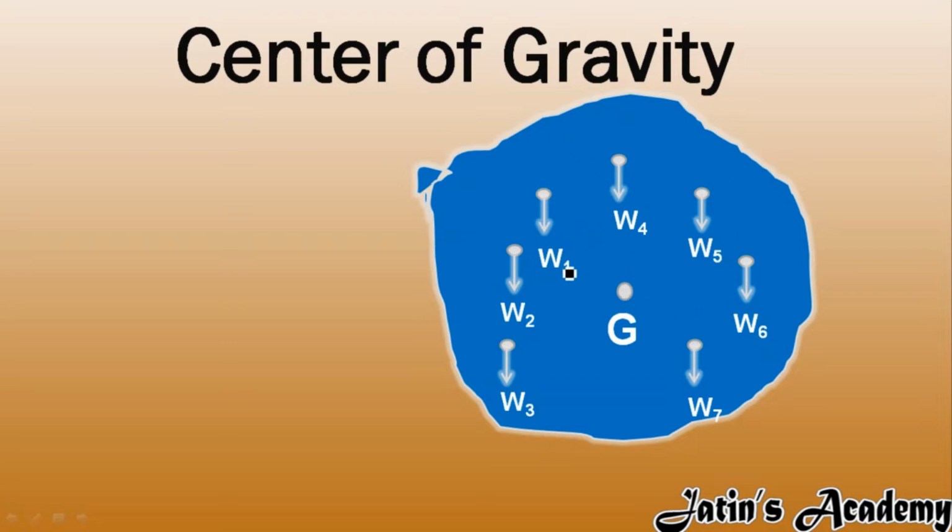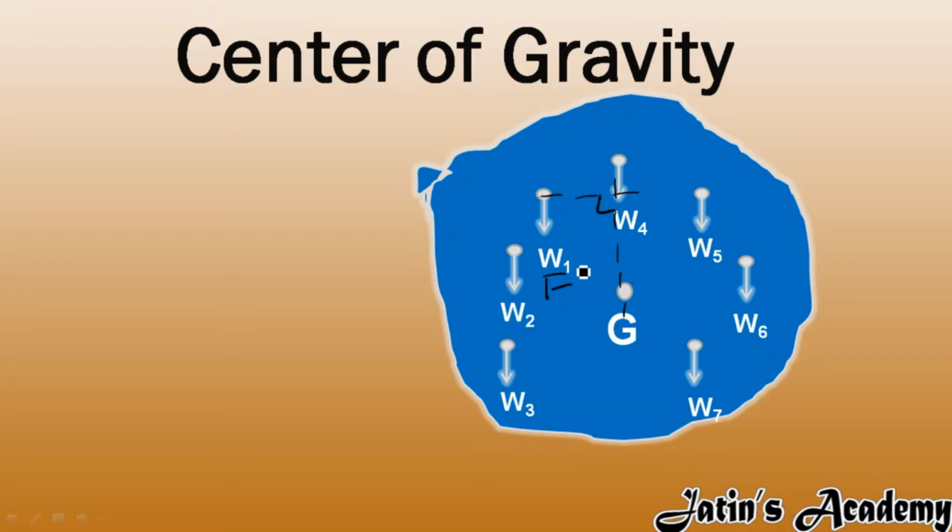Now carefully see, these W1, W2, W3 are creating some moment of force. This is a force, and this is a perpendicular distance. Force into perpendicular distance creates a moment of force.